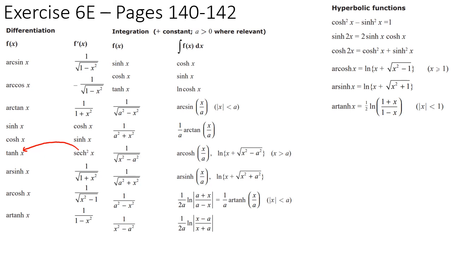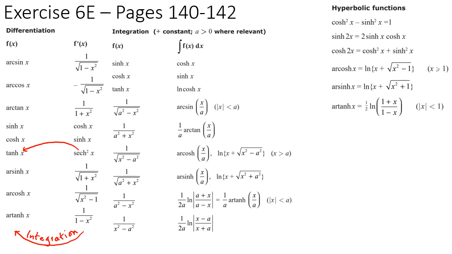I think all the others are actually in the integration, but that one isn't. And if you see any others, again, you can use this table in reverse and use it like an integration table. So if it's not in the integration part, go back to the differentiation part and see if it's in the right hand column and use it backwards.